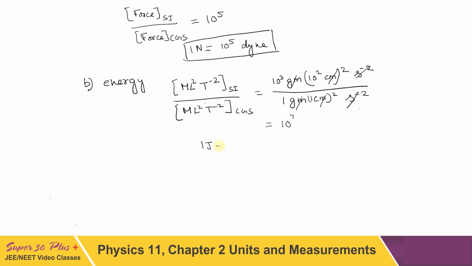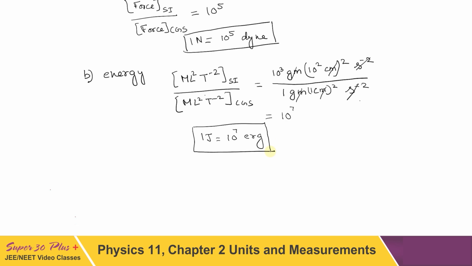So 1 joule is equal to 10 to the power 7 times unit of energy in CGS, which is known as erg. Its name is erg. So we got the conversion factor. In this way, we can write conversion factor from a known system to an unknown system, even the conversion to a new system. Now let us come to the next part.